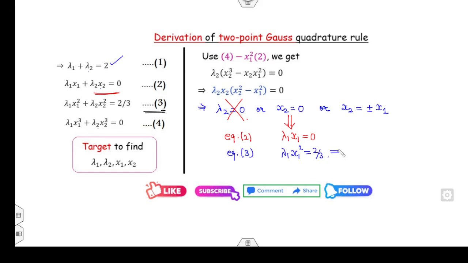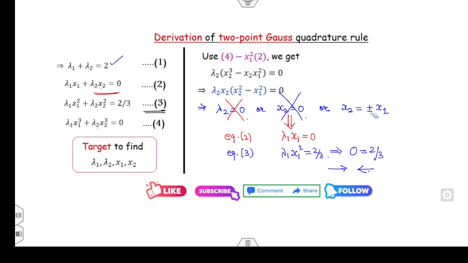Because lambda 1 x1 is 0, that implies 0 is equal to 2 by 3, which is not possible. Therefore, x2 equal to 0 is also not possible.